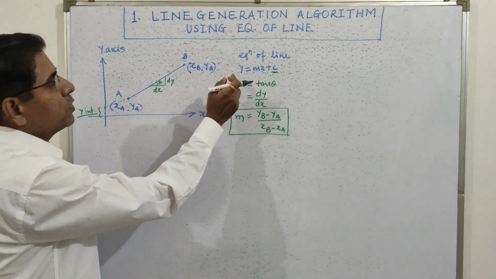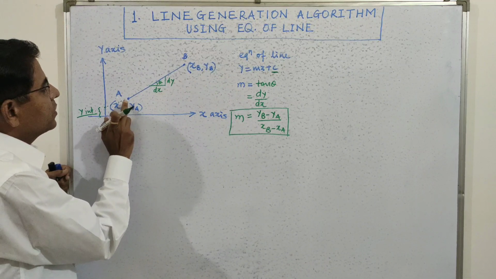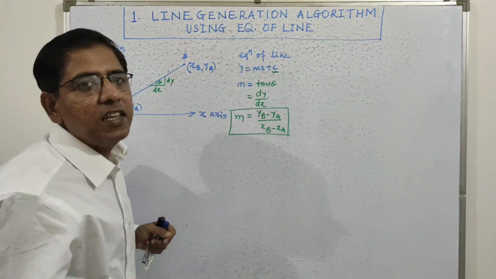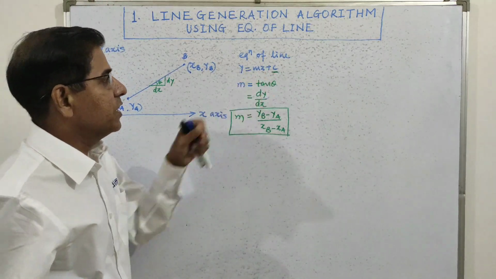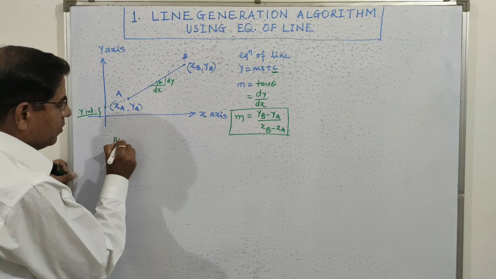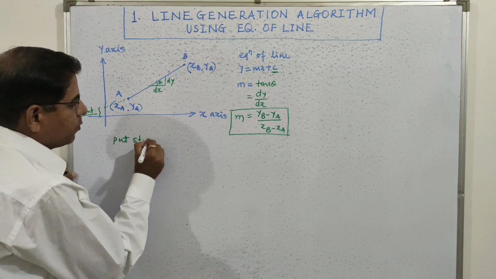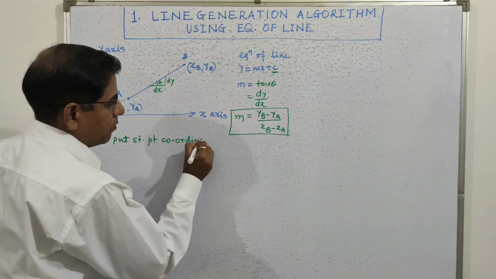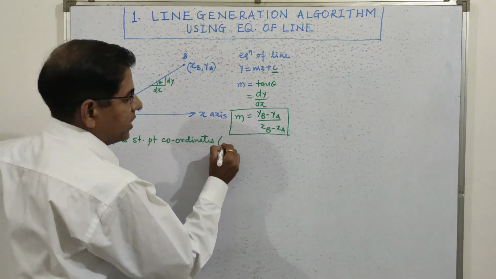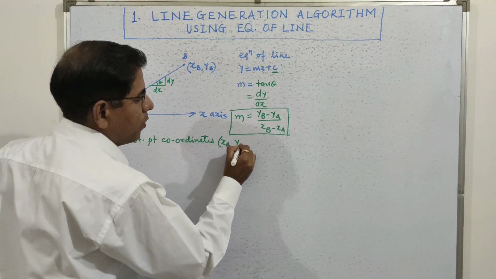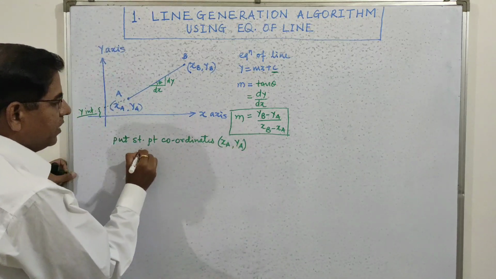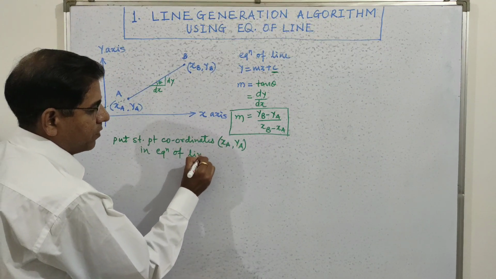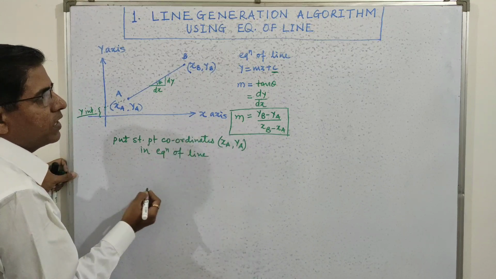If you put the start point coordinates xa, ya in the equation of line, then you can easily calculate the value of c.